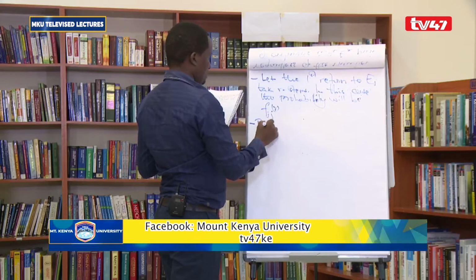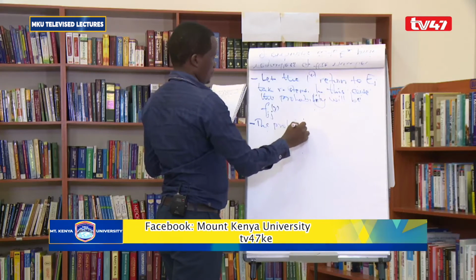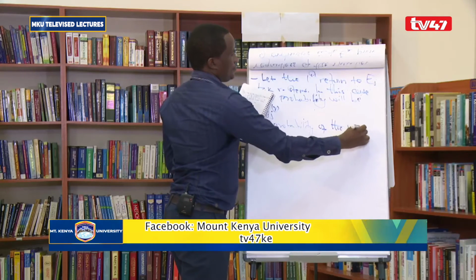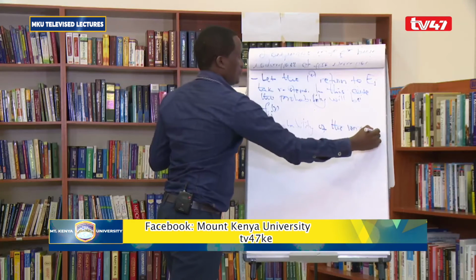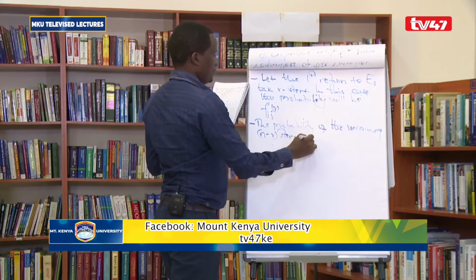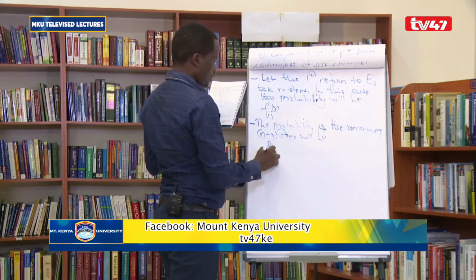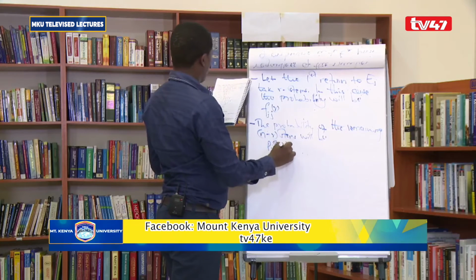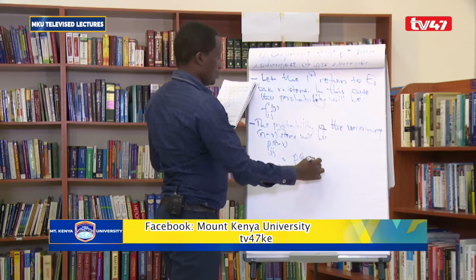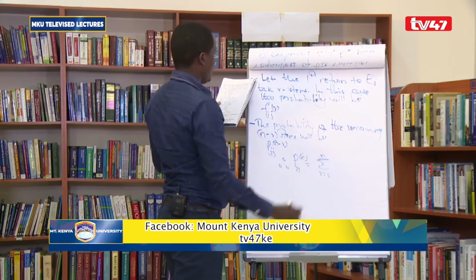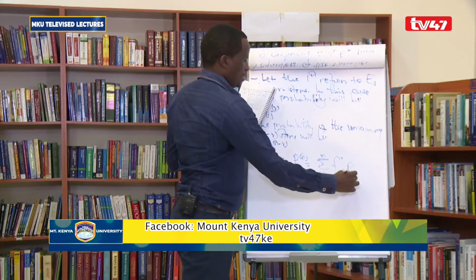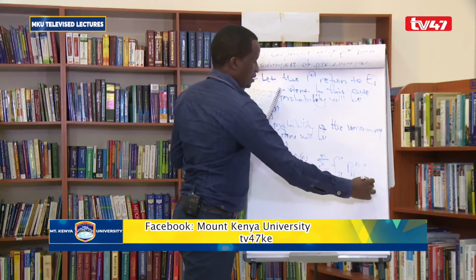The probability of the remaining n minus r steps will be p_jj^(n-r). Therefore, p_jj^(n) is equal to the summation, r from 0 to n, of f_jj^(r) p_jj^(n-r), n greater than or equal to 1.